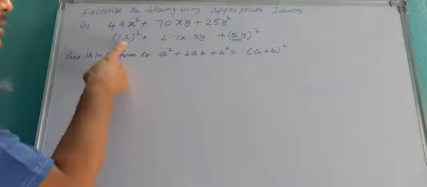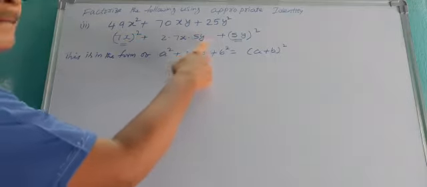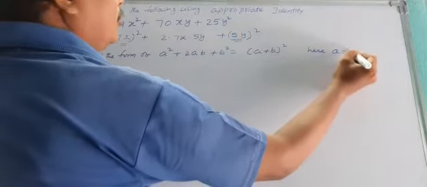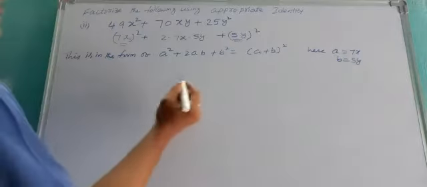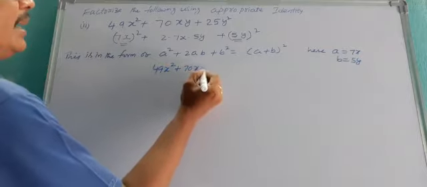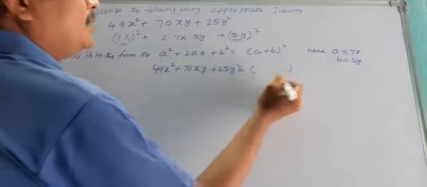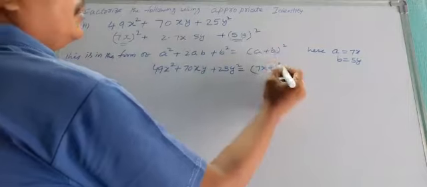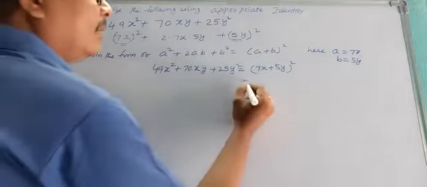Now we observe this in the form of a square plus 2ab plus b square. Here a equals 7x and b equals 5y. So 49x square plus 70xy plus 25y square is equal to (a plus b) whole square, that is (7x plus 5y) whole square.